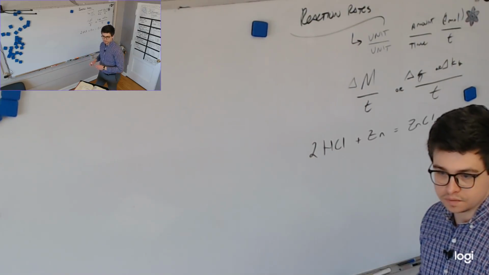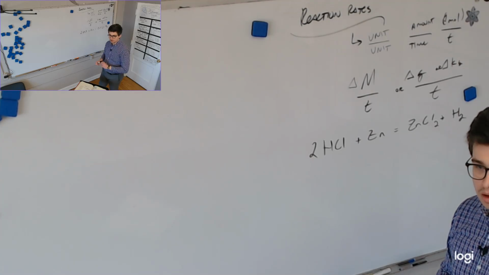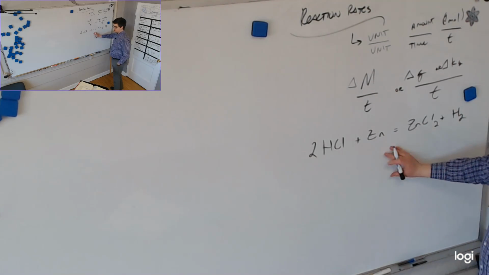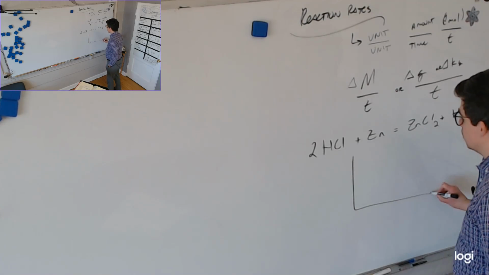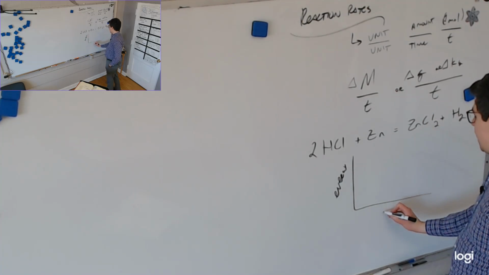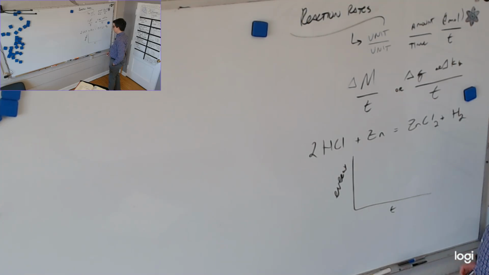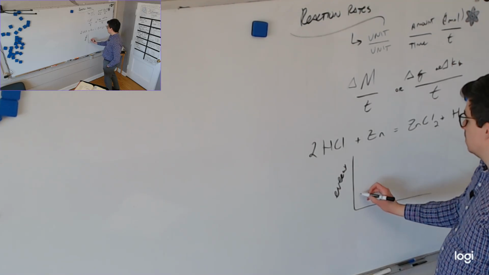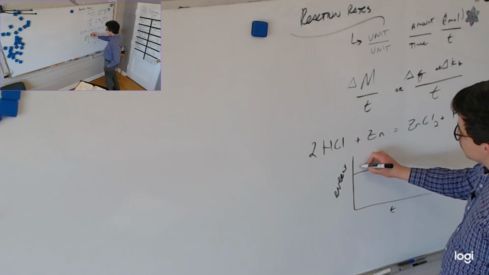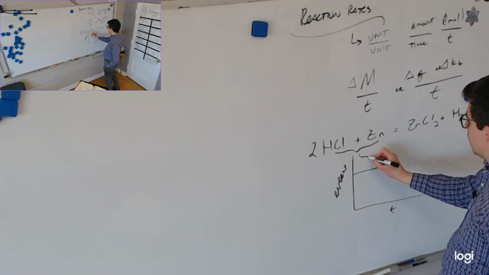I'll show you. I'll just do the graph for this one, then we'll do another one. So here we have energy, and here we have time. At the beginning I have my reactants, my hydrogen chloride and my zinc.